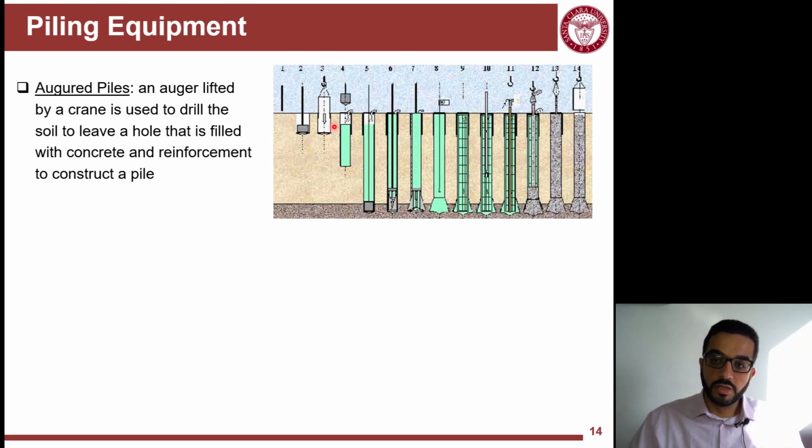And while you're digging with the auger, you fill the hole with slurry, kind of watery mud that sustains the pressure, and it doesn't allow the hole of this pile to cave in.